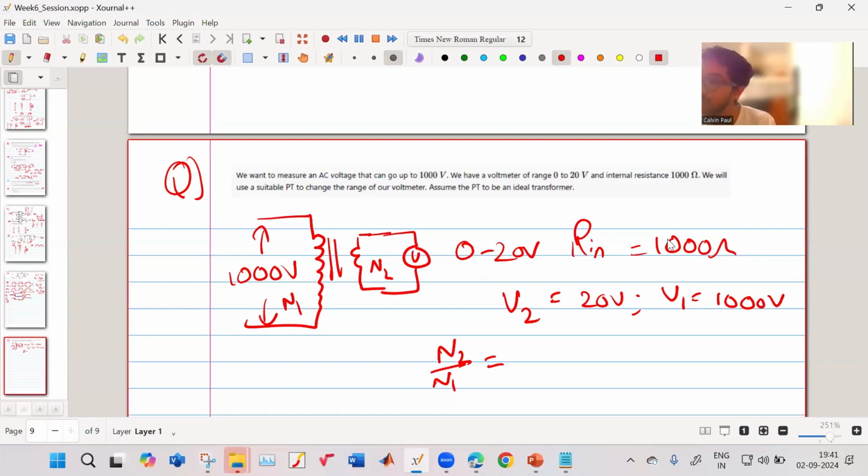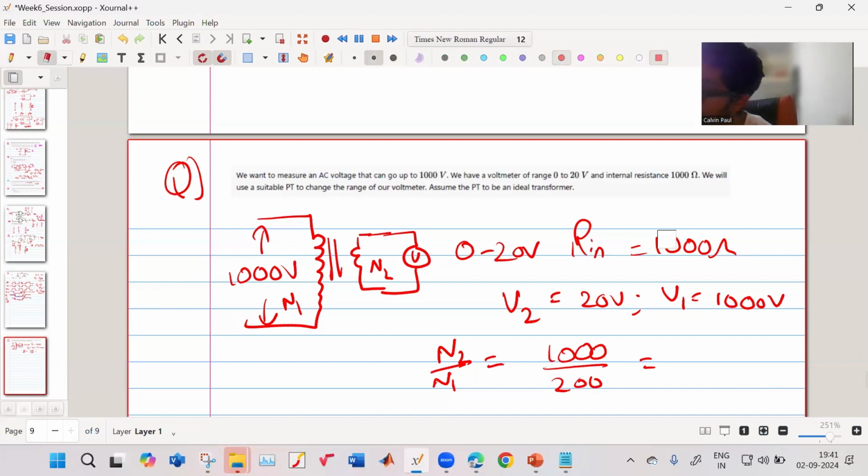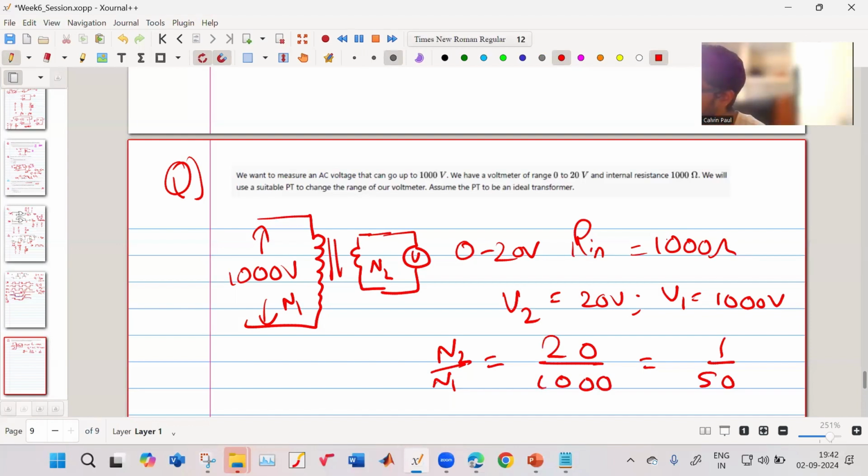It will be 20 upon 1000, that is actually 1 by 50.